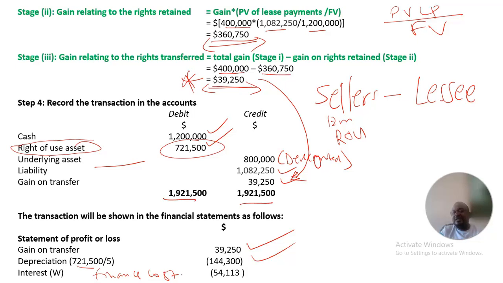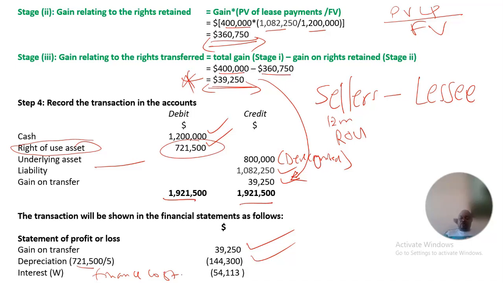There's going to be some interest charges related to you enjoying a building you have been given for many years. So in some way you have been funded. So your lease liability is almost like a loan. In a sense, it's almost like a loan. It accrues some interest charges.